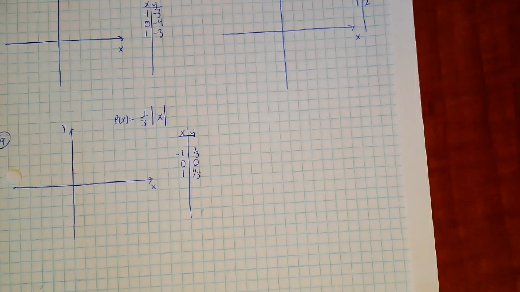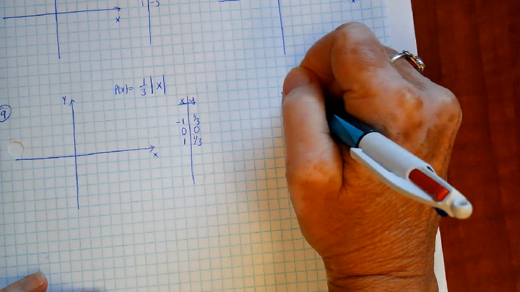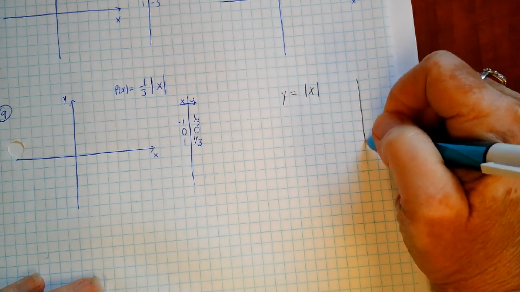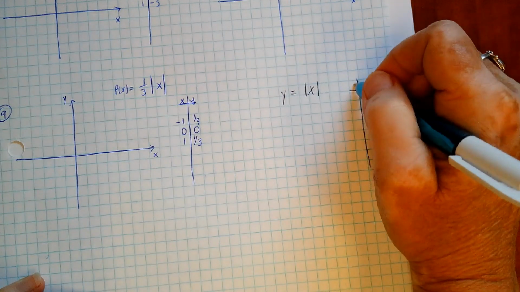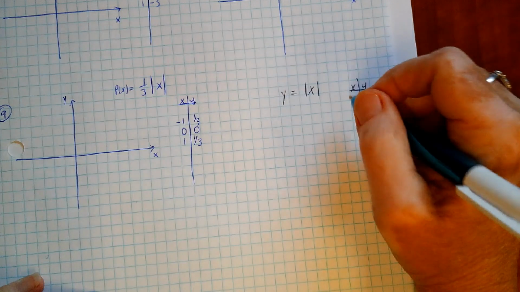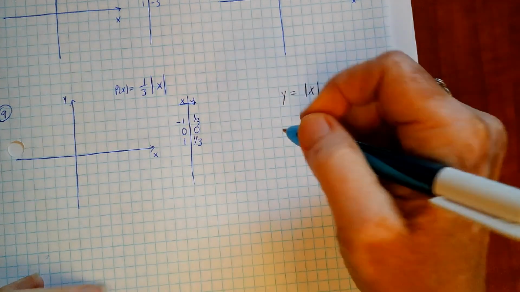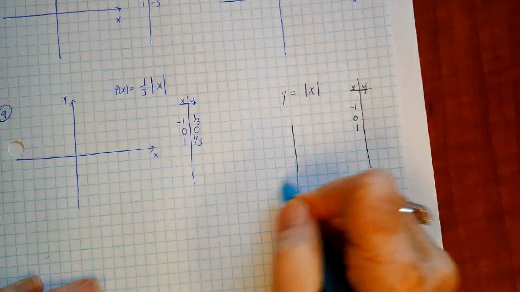First of all, the parent function is y equals absolute value of x, and it's a distinctively shaped function because it looks like a V. I always like to use -1, 0, and 1 when I'm plotting points for a graph, if I can.